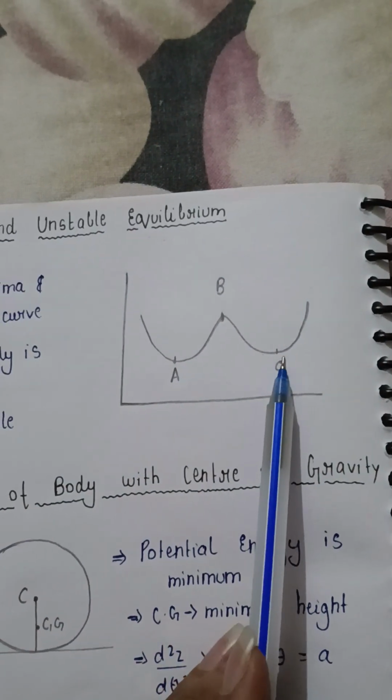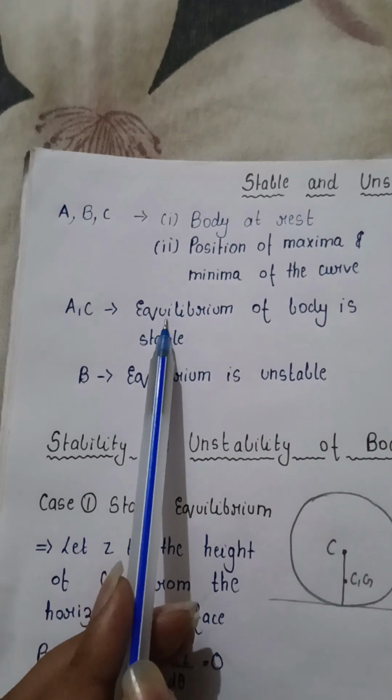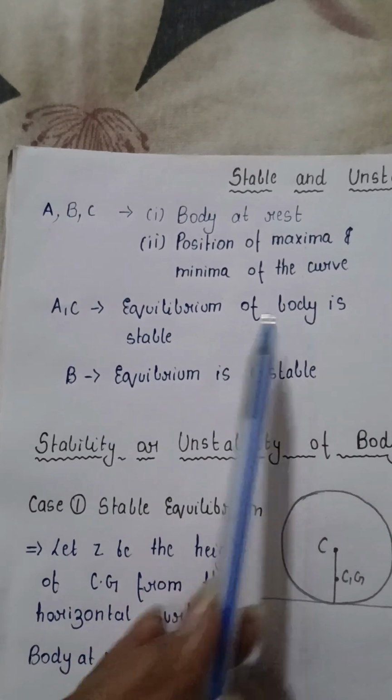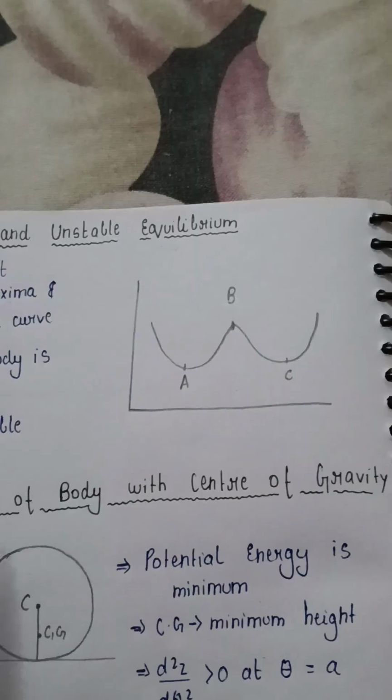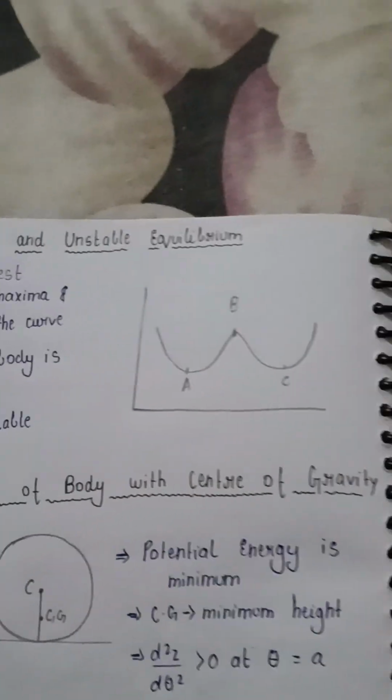A and C are the positions of the curve where the equilibrium of body is stable, and B is the position of curve where equilibrium is unstable.